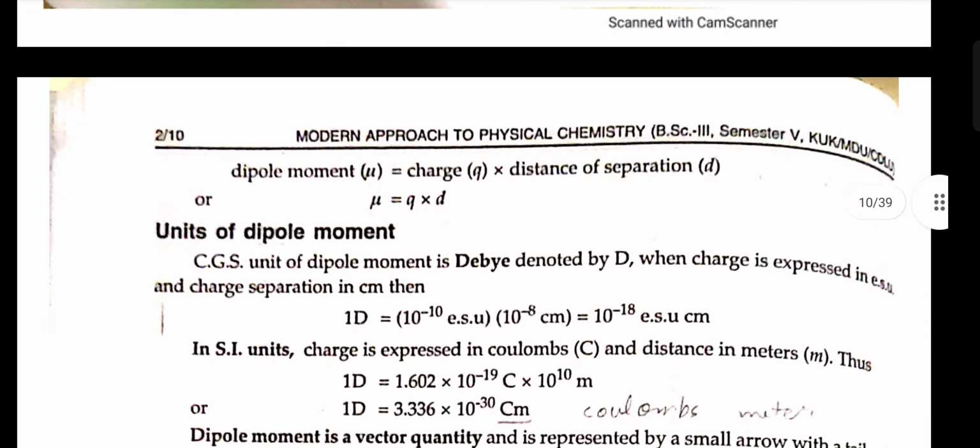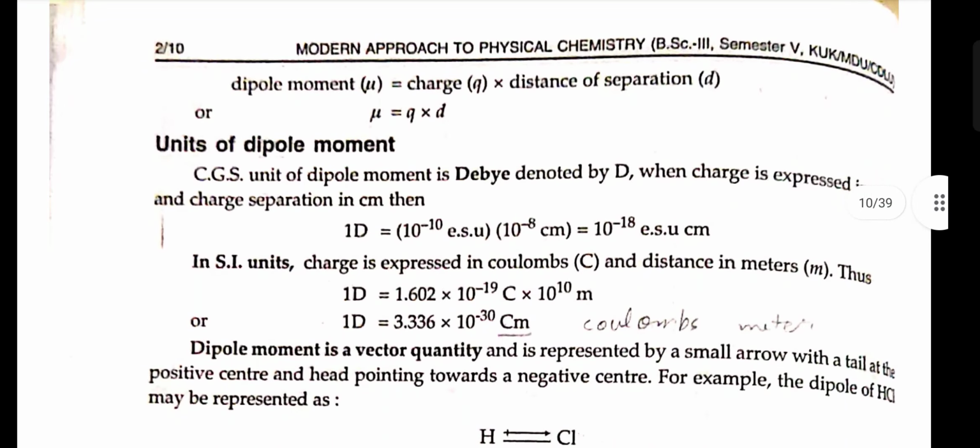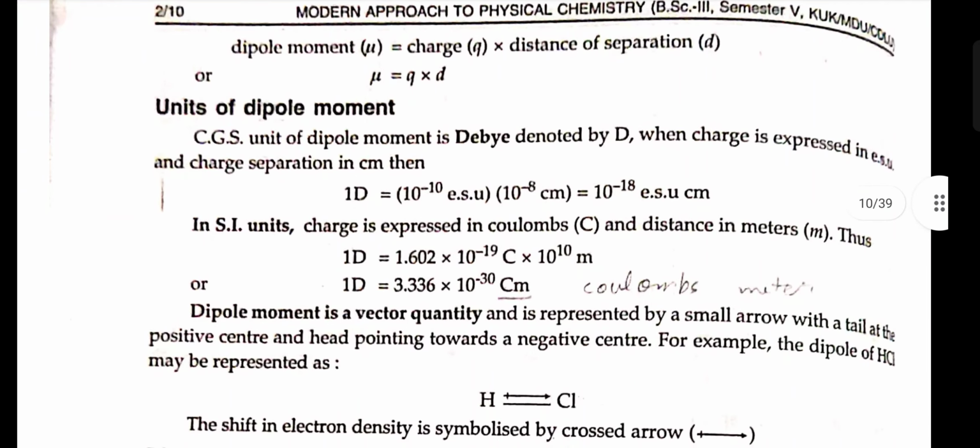The unit for dipole moment in CGS: one debye is equal to 10 raised to power minus 18 ESU centimeter, and in SI, one debye is equal to 3.336 into 10 raised to power minus 30 coulomb meter.